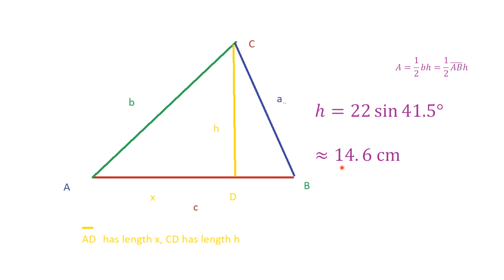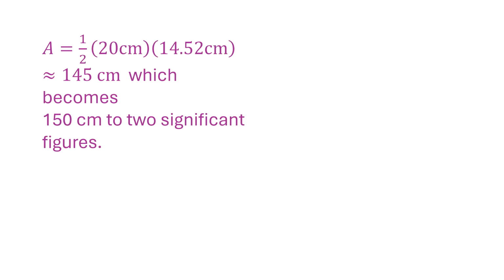So that gets me H. Now I need to find the area. And I'm going to use the area formula, 1/2 the base times the height. So the area is 1/2 times 20 times 14.5.